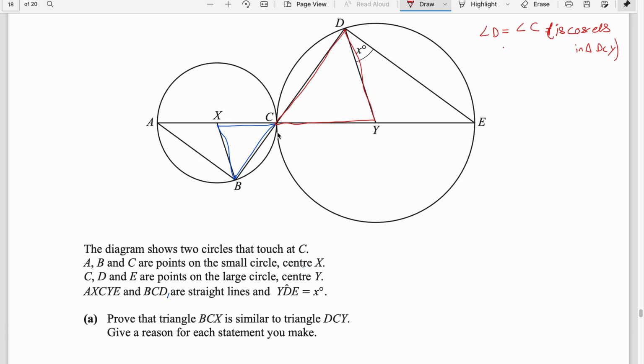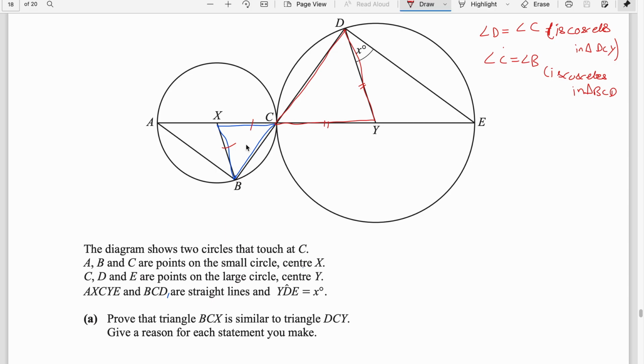Second, on the other side, angle C is equal to angle B. Again, same reason, isosceles in triangle BCD. Why so? These two are radiuses, and these two were also radiuses.